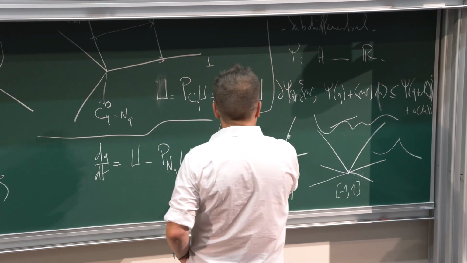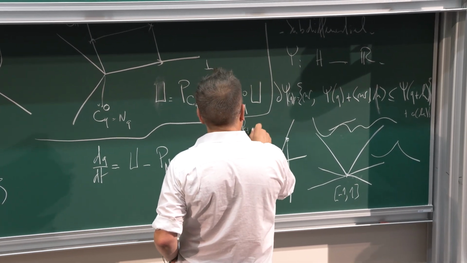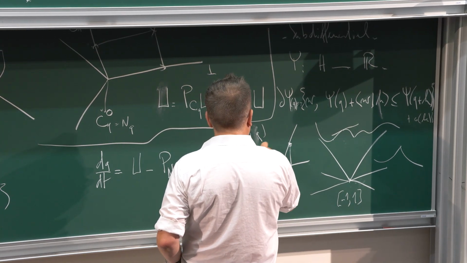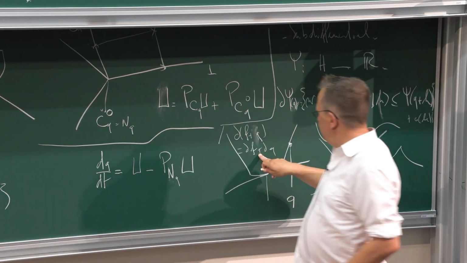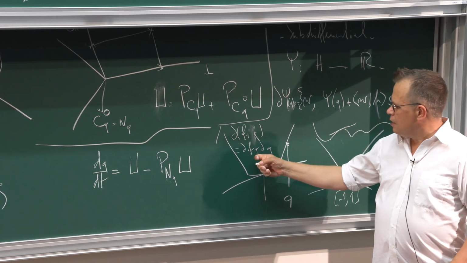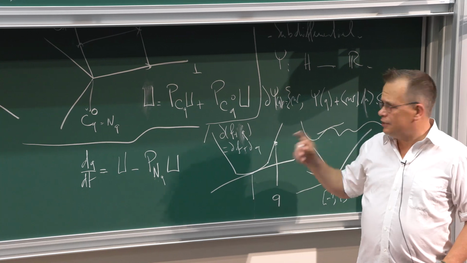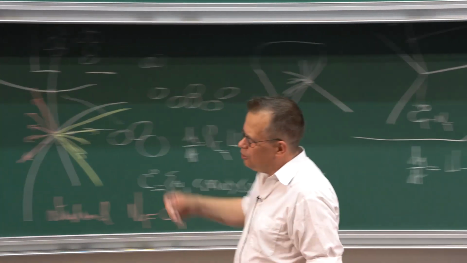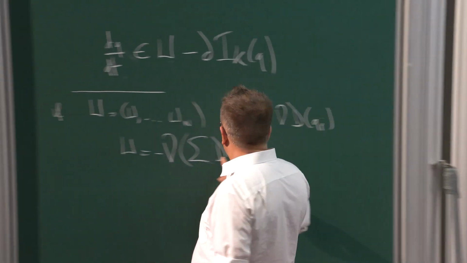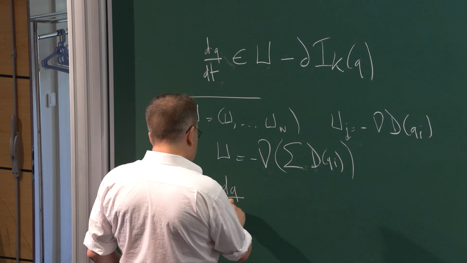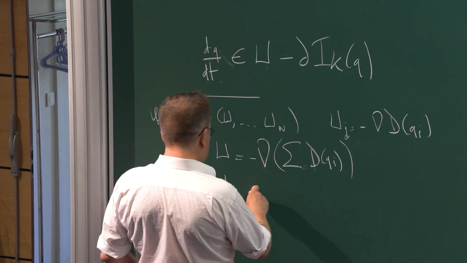It is not true that the subdifferential of f plus g equals the subdifferential of f plus the subdifferential of g. Of course, that would be a sum in terms of sets, a sum set. But this is untrue in general, but it is true if one of them is smooth, which is the case for us, or at least not too bad. It is the case for this one.